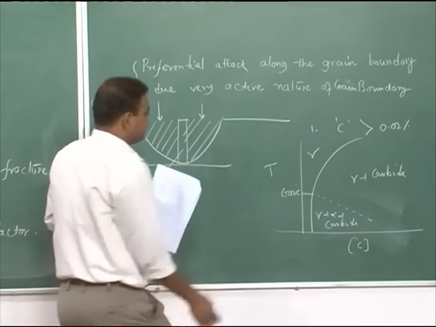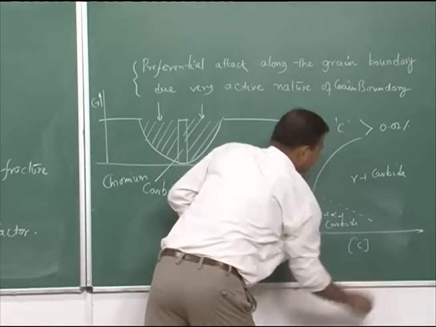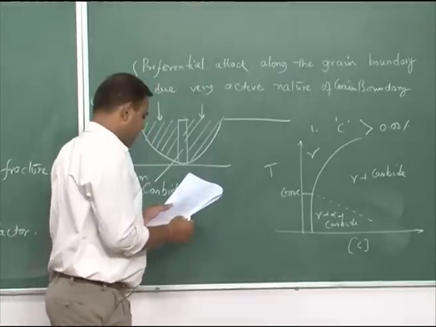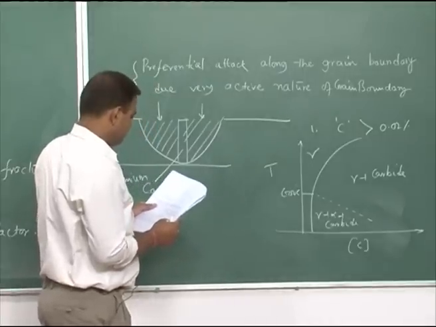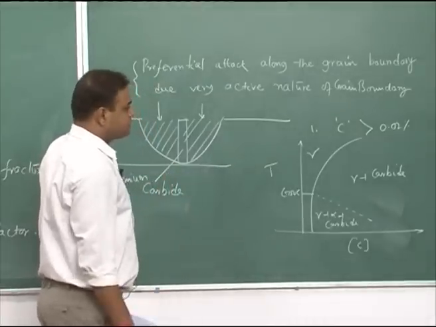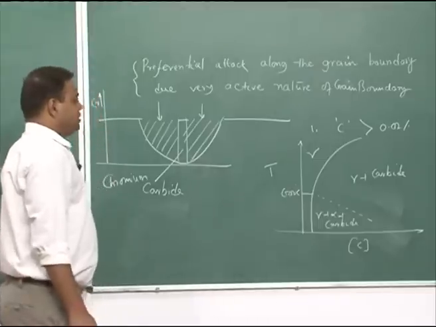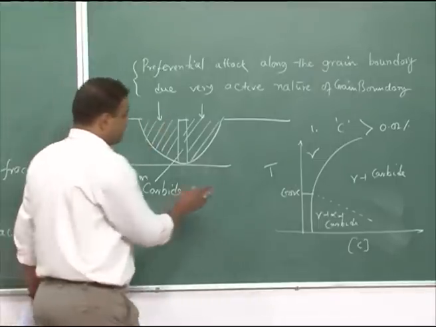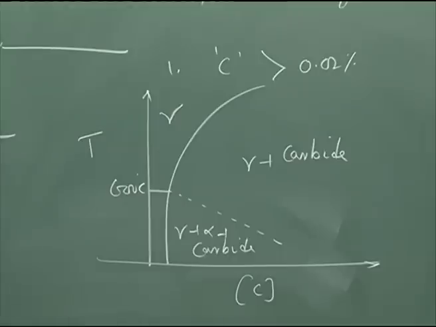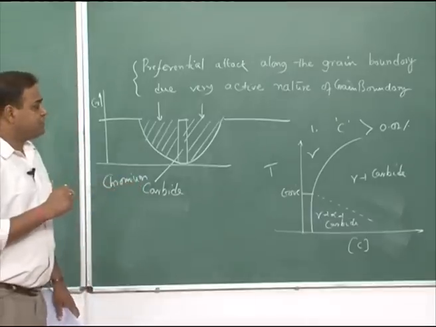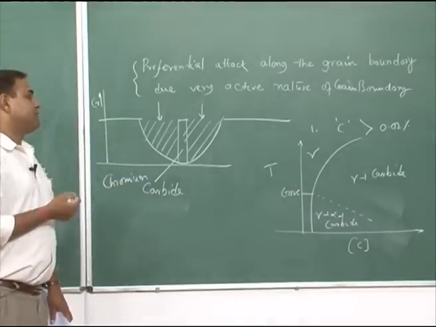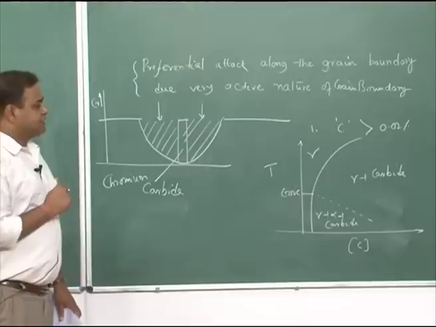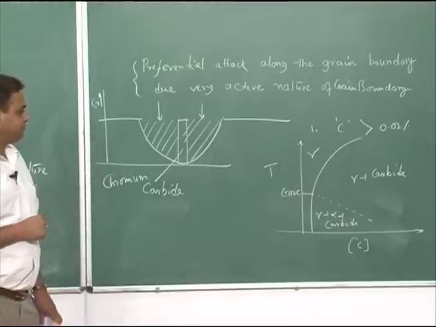Now, in case of 18-8 stainless steel, this is a pseudo binary diagram. Pseudo binary diagram means we have other alloying elements, but we are not considering them. We are only considering temperature and carbon concentration and trying to see the different phases that can arise during cooling.